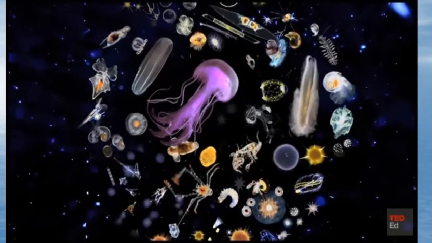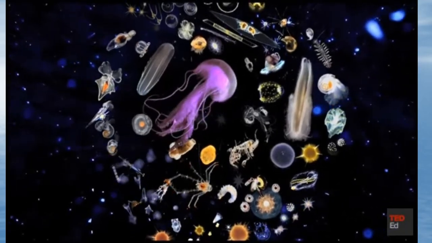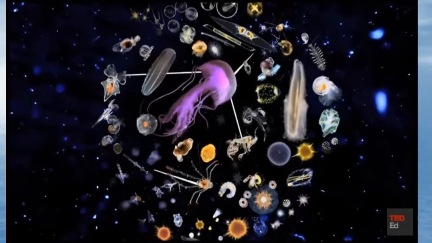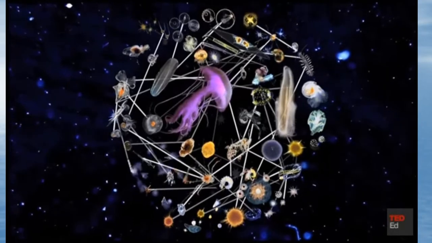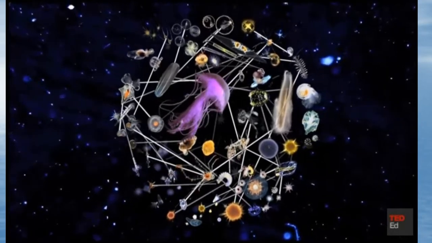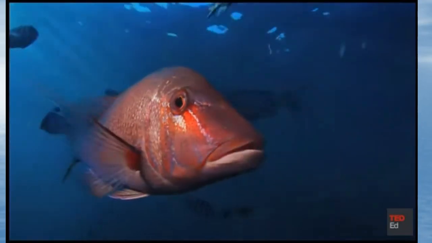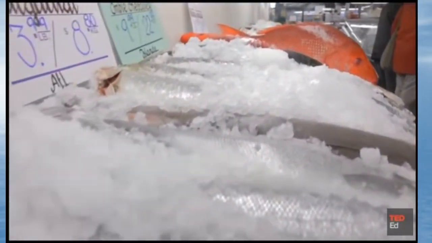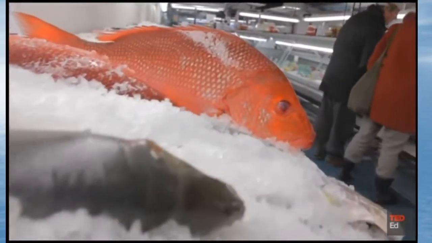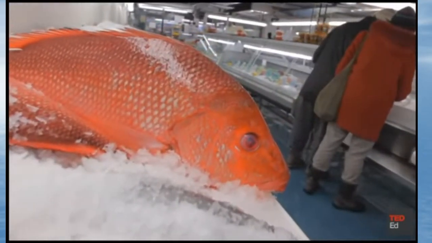Best of all, they make the perfect snack for a small fish like me. Here among the plankton, the food web is so tangled and complex, even scientists don't know who eats whom. But I do. At least now you know a bit of my story. There's so much more to me than just a tasty meal.